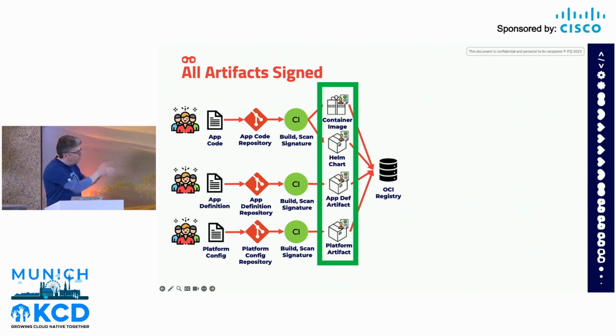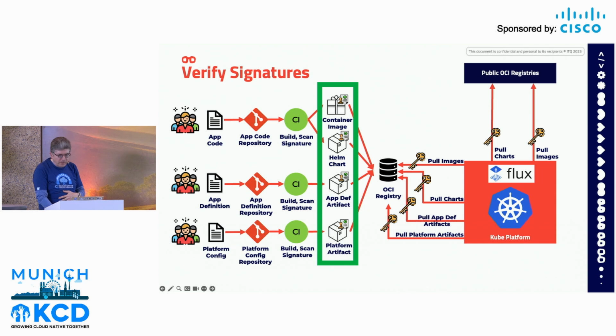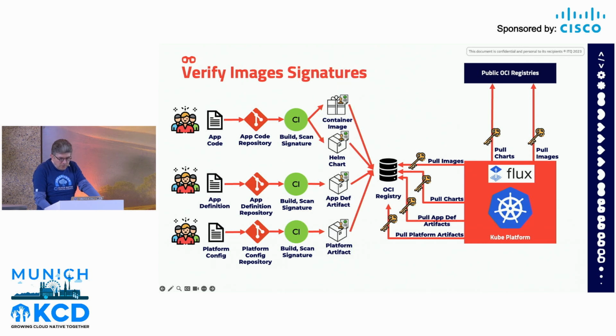As a producer, we produce artifacts that are stored in OCI and signed to be used afterwards. But now, how do we verify these signatures before applying into the Kubernetes cluster? For images, you can use an admission controller.